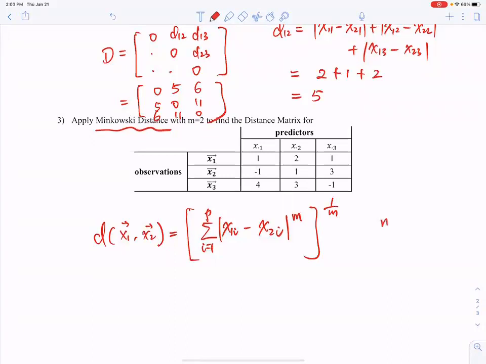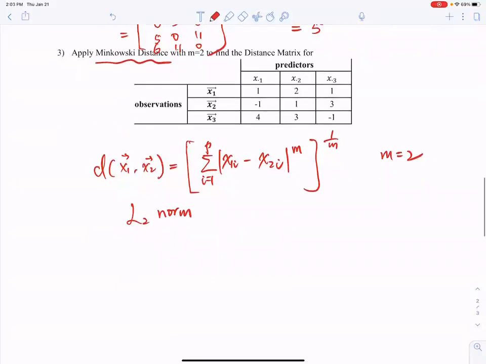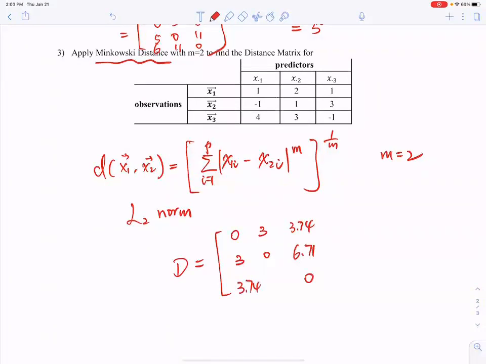So since m equals 2, this will be the L2 norm. But you can change m to different values and use this equation. And then the distance matrix we get is the same as the first one. That is 0, 3, 3.74, 6.71, with the symmetric entries 3, 3.74, 6.71. So here, this is the distance calculation.